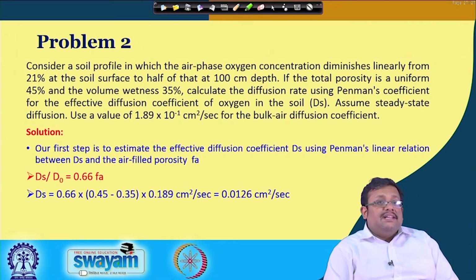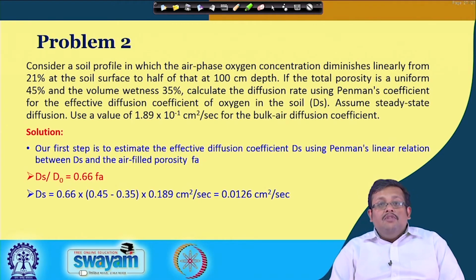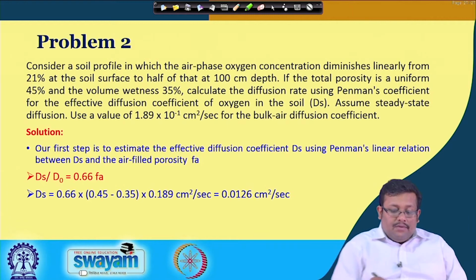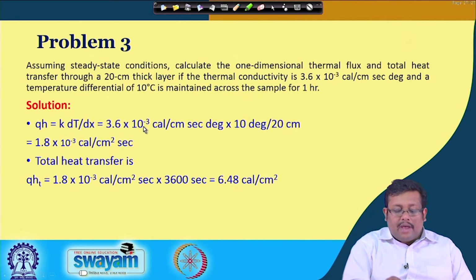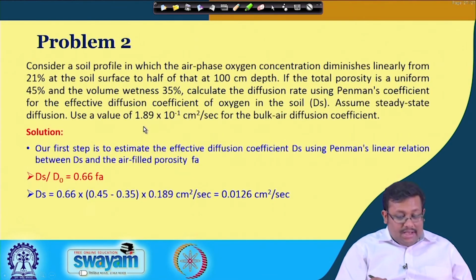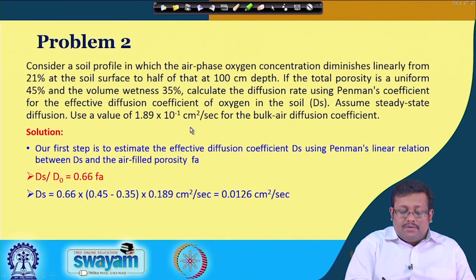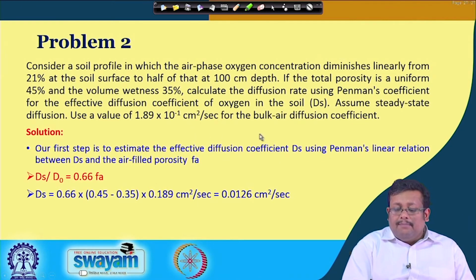Assume steady state diffusion and use the value of 1.89 into 10 to the power minus 1 square centimeter per second for the bulk air diffusion coefficient.